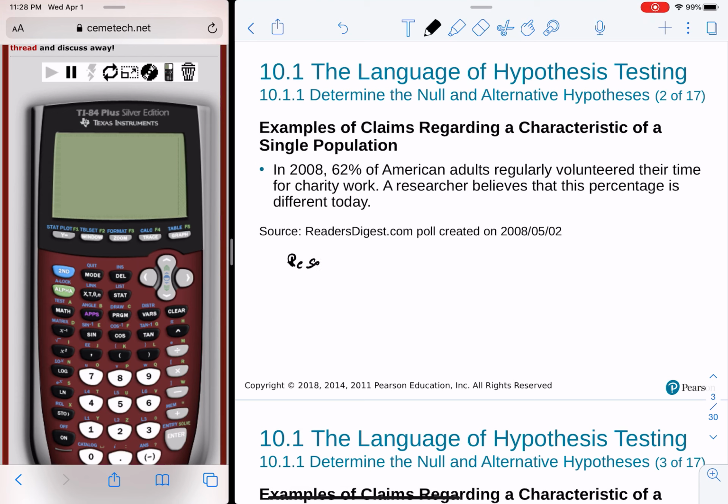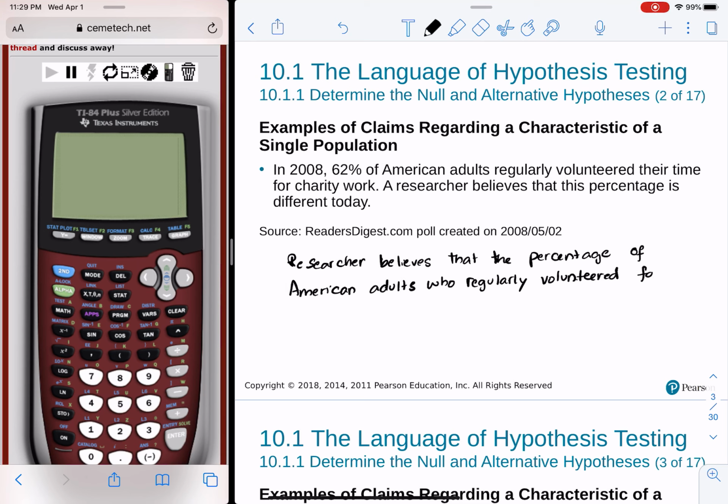The researcher is claiming... So in 2008, it was 62%.